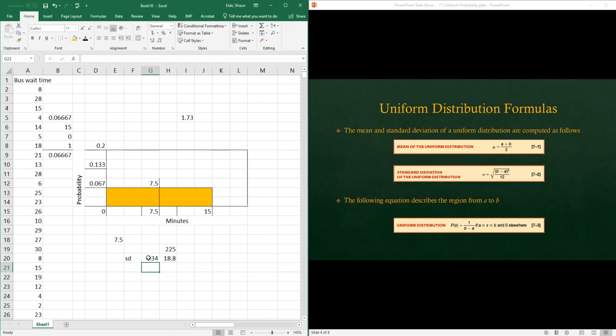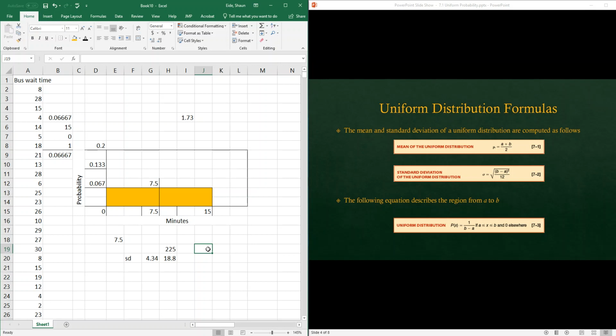And then what if we wanted to find out the number of individuals that wait between 10 to 15 minutes? Well, before we do that, we need to determine the area of the probability distribution. So in order to determine the area of the probability distribution, we just need to find out what is the area of this rectangle.